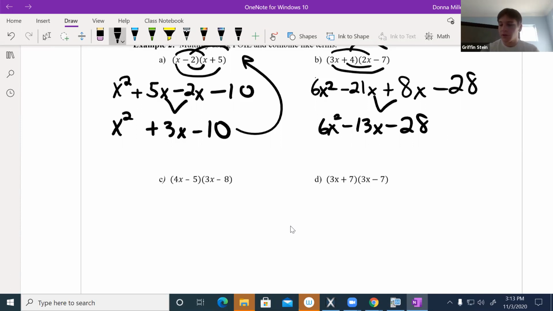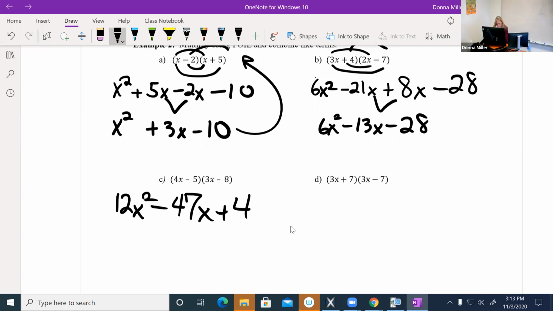X squared minus 40 and x plus 3. Yep, you got it. All right, do I need to go over that one? You guys good? We good? All right, that's what you should have got.